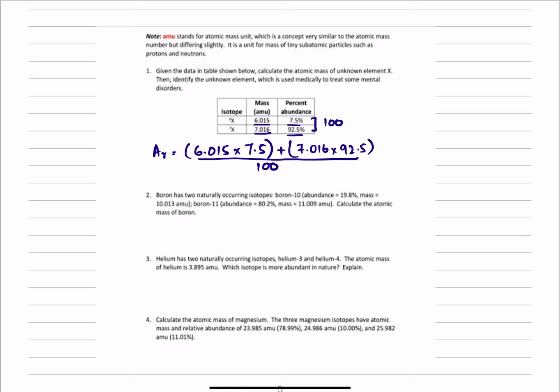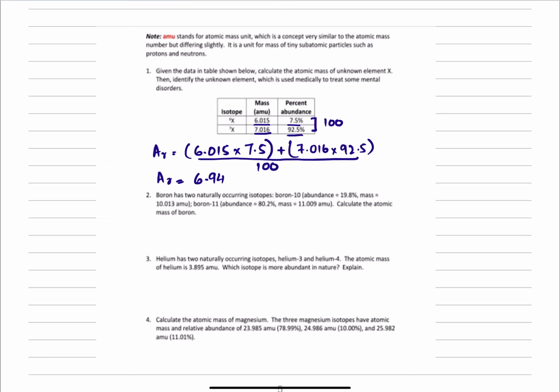So let me just quickly calculate this for you. My relative atomic mass is coming out to be 6.94.